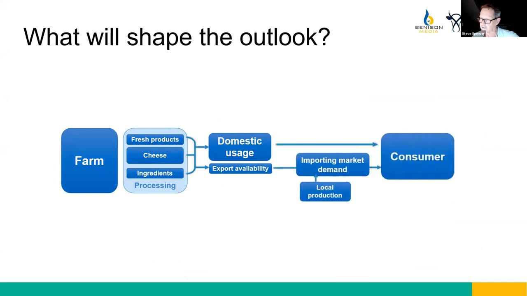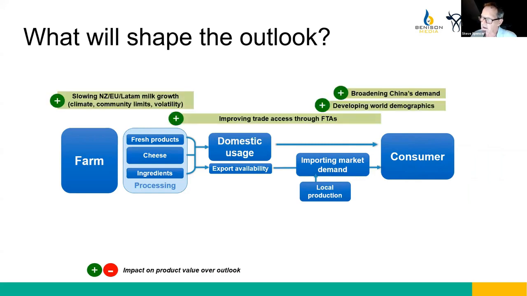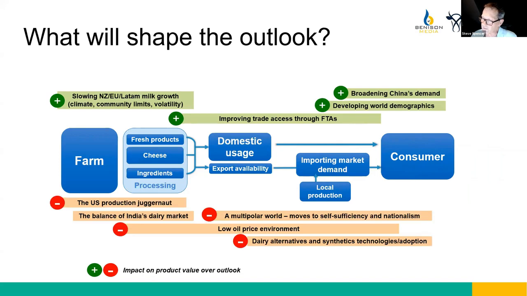We represent it like this, and as I've explained, the different parts of that value chain are different components to think about when we're looking at change over time. So in the next decade, I'll just layer on the key factors which we believe will shape that trade balance over time and shape the value of commodities.